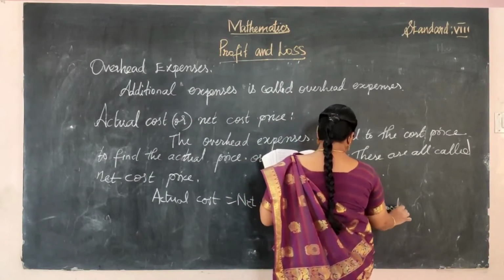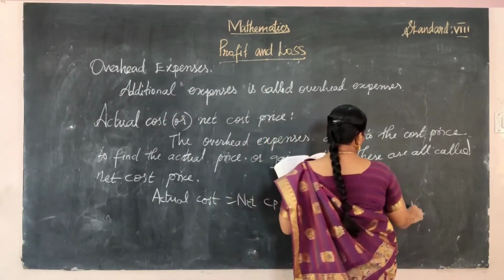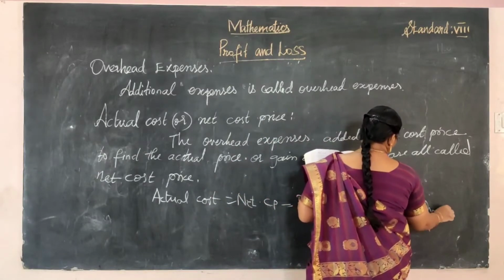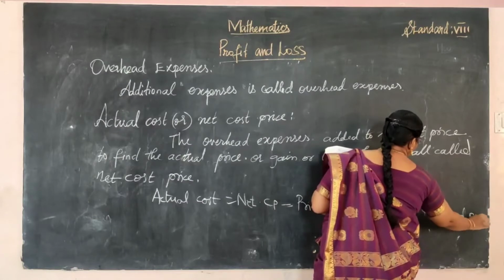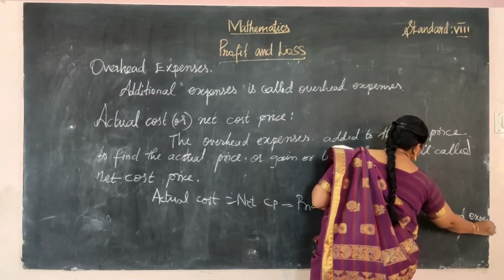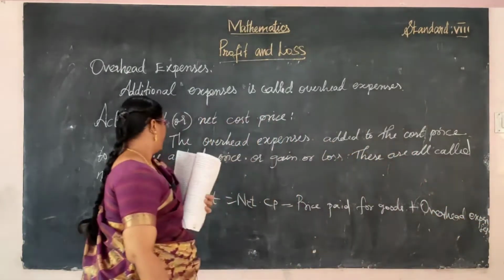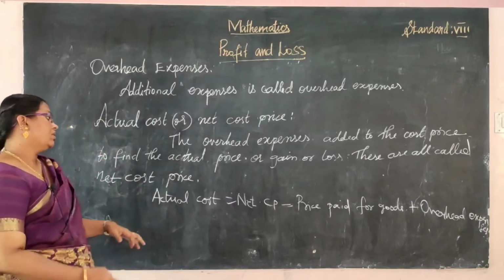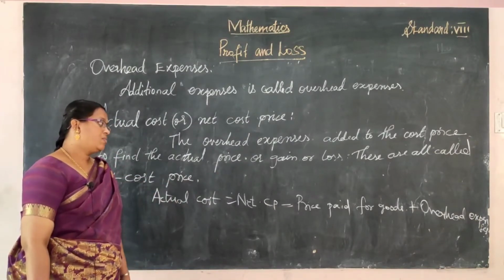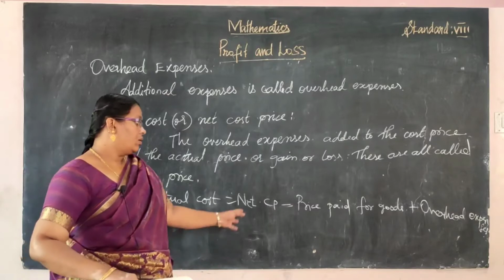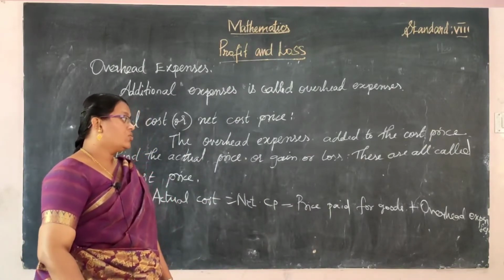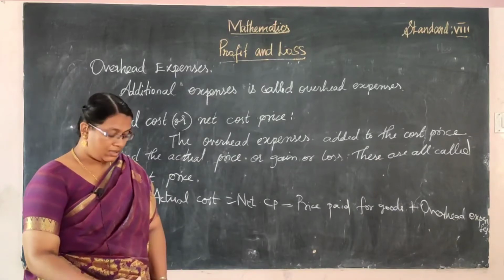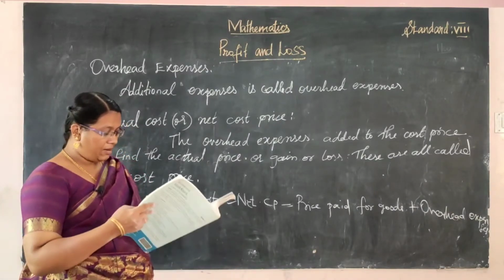Goods plus overhead expenses. So actual cost is equal to net cost price, which is price paid for goods plus overhead expenses. Okay, now see the example.